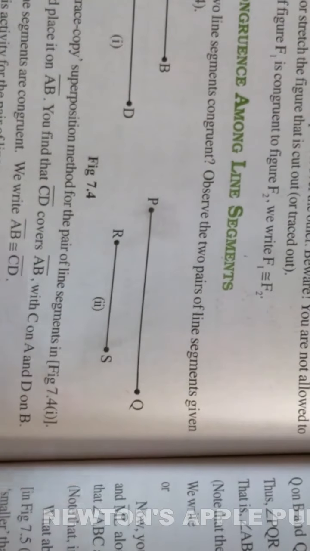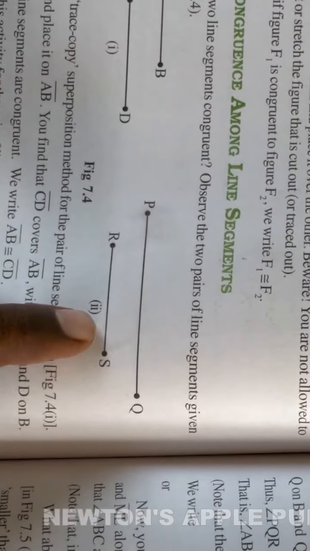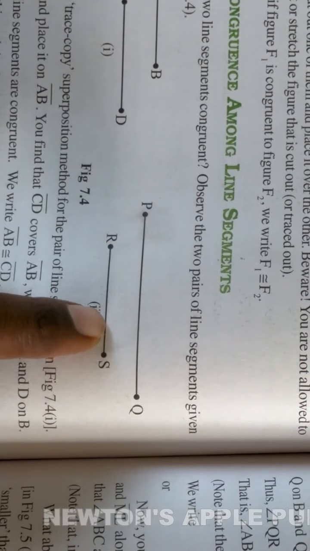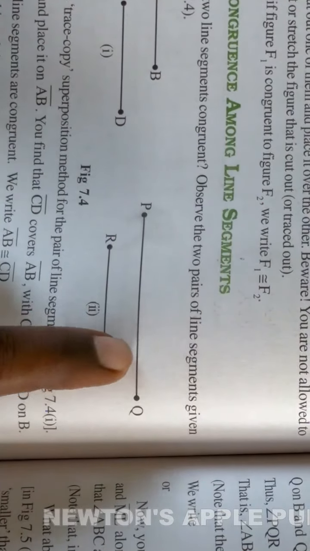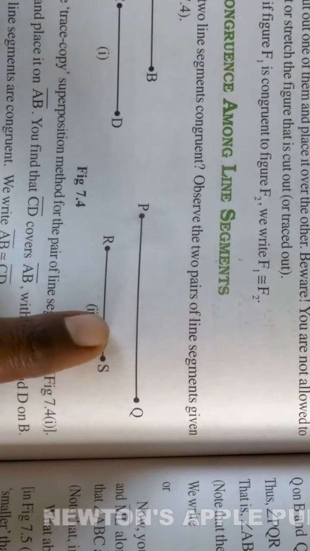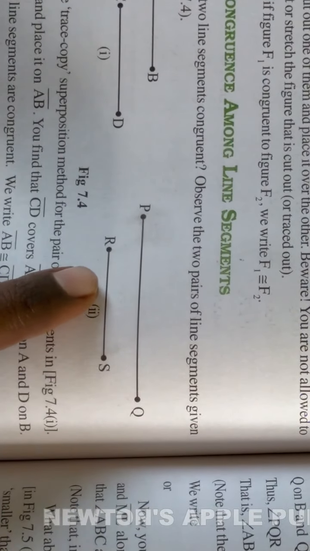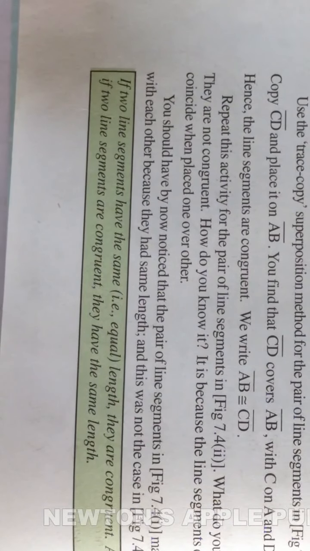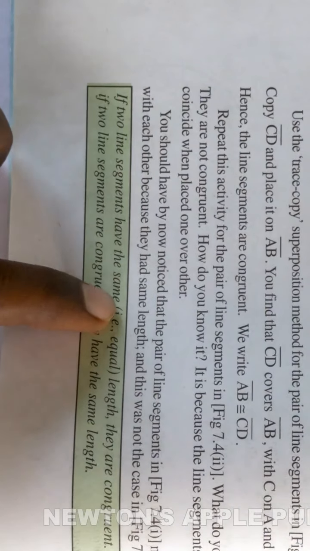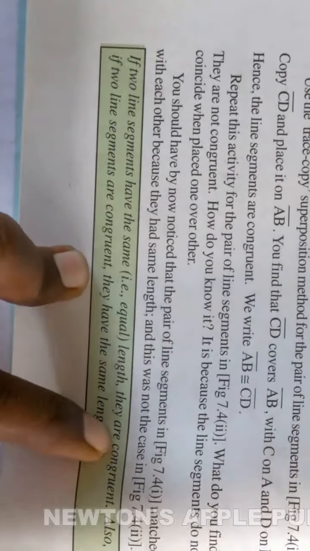Or we take PQ and RS. It is not congruent, because the length of PQ is more, but the length of RS is very short. So PQ and RS are not congruent. So if two line segments have the same, that is equal, length, they are congruent.